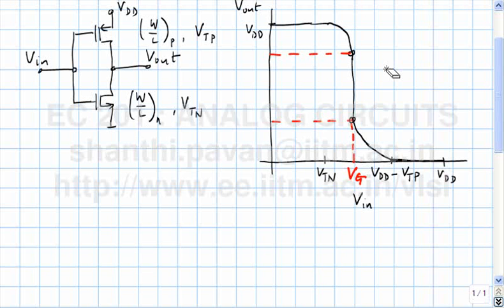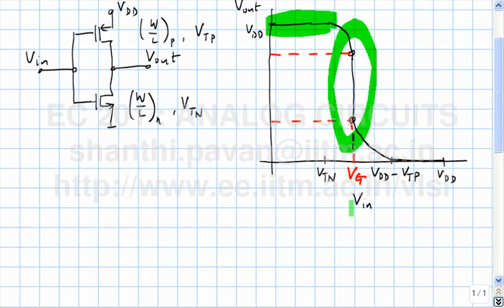As I said yesterday, you can interpret this characteristic in many ways. If you are an analog designer, you would want to operate in that high slope region, because as an analog guy, you are interested in getting a lot of gain. As a digital designer, you would try to avoid this region as much as possible, because you define your logic levels, for example, as a logical 0 if the input lies somewhere here, and a logical 1 if the input lies somewhere there.